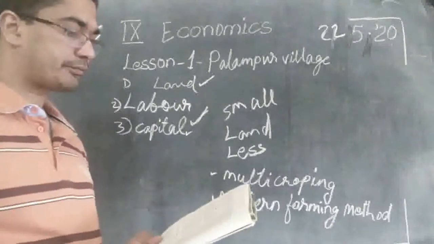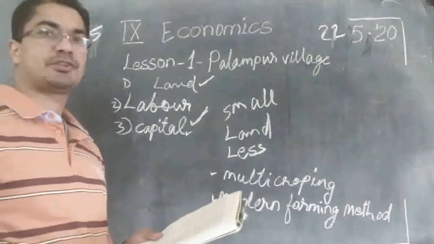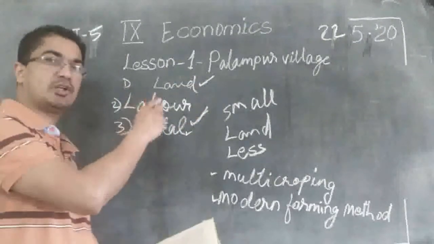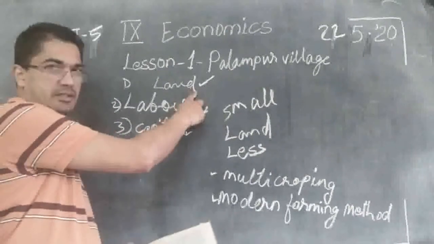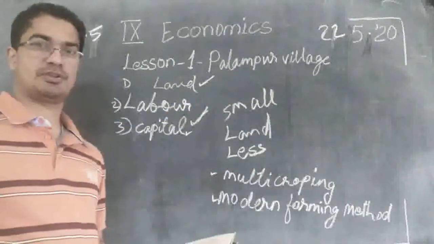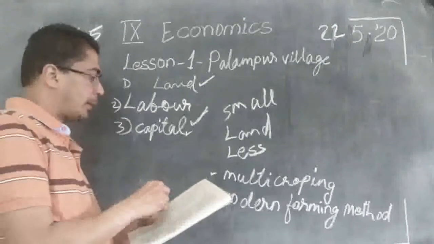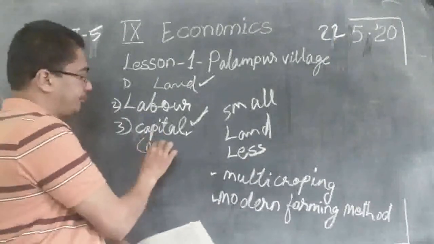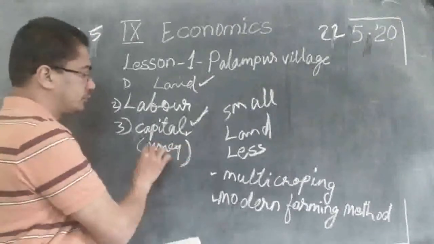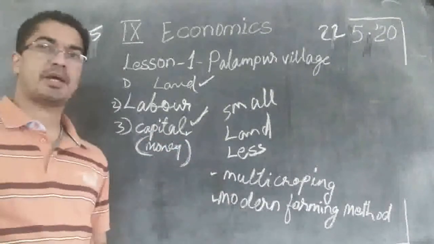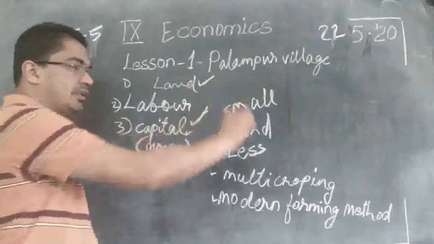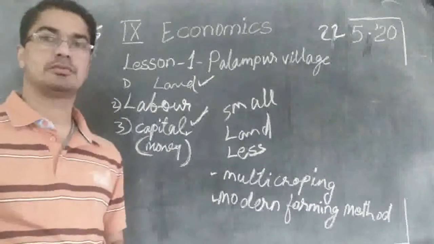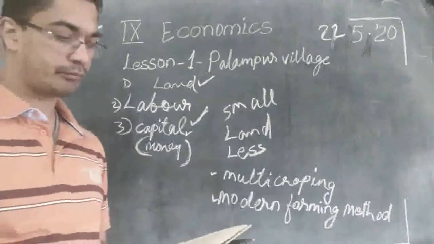The first one is that dash is a natural resource. Among these two, which is a natural resource, land or capital? Land. Land is a natural resource. And capital, or we can say money, is man-made.